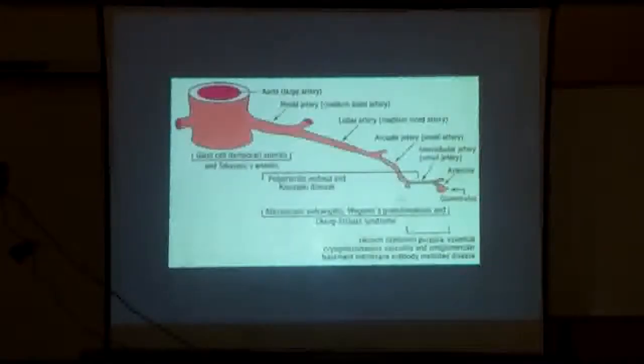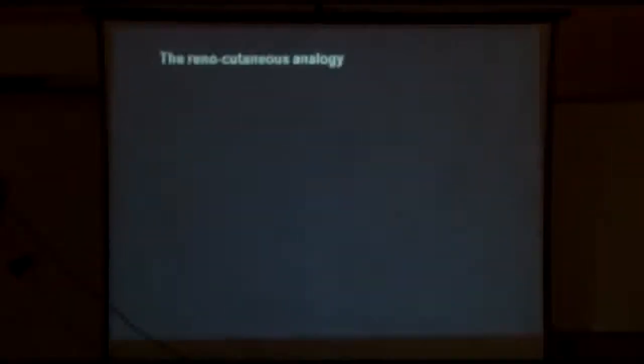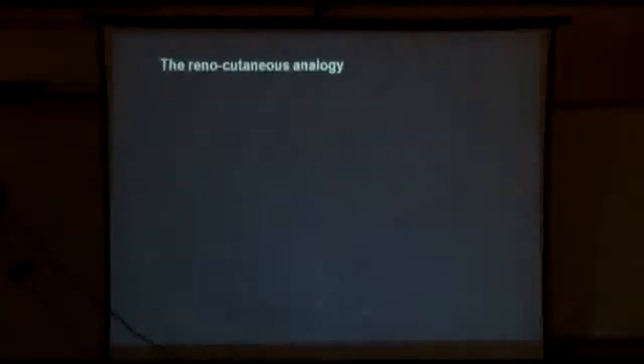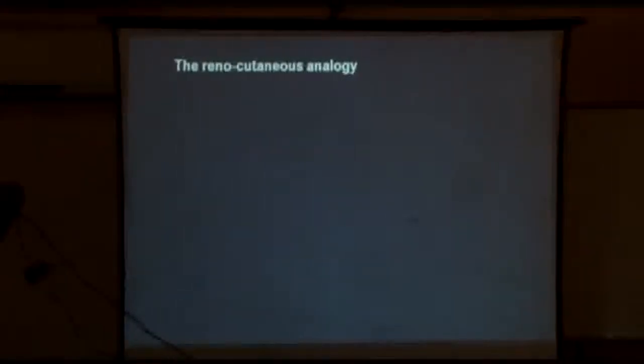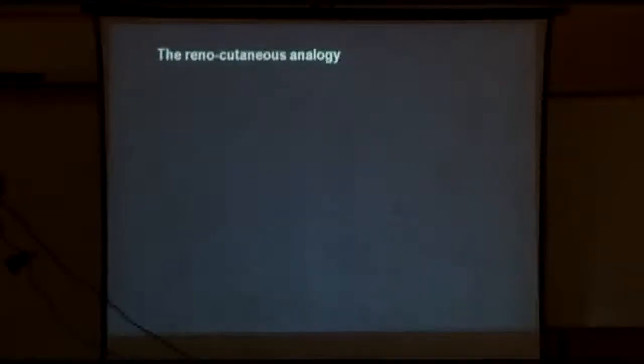This is another way of looking at the different girths of the blood vessels that get involved. Now, I thought this is important because the rheumatologist, nephrologist, and dermatologist interface comes in here. How do small, medium, and larger vessels correspond with the kidney? What is this renocutaneous analogy that I'm talking about?